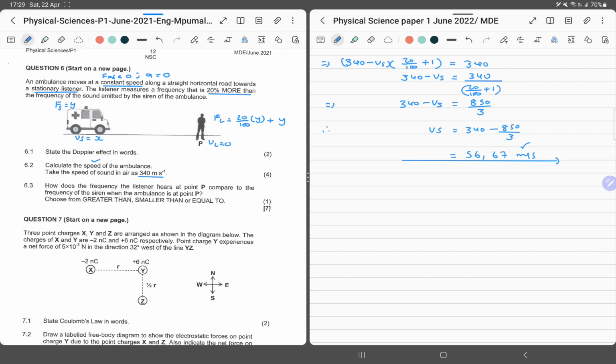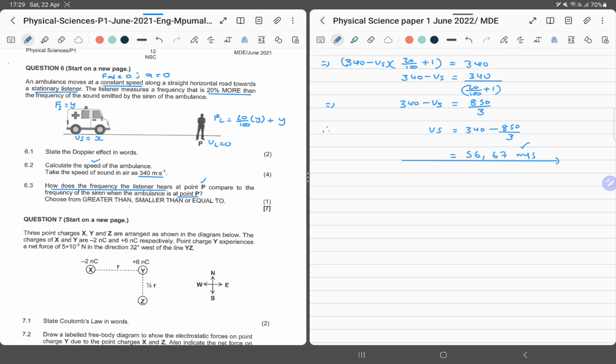Okay, let's quickly finish this question. Now it says, how does the frequency the listener hears at point P compare to the frequency of the siren when the ambulance is at point P? So remember, at point P, everything feels the same.